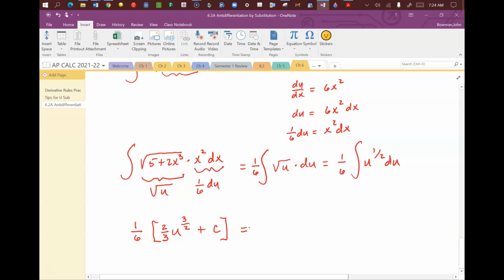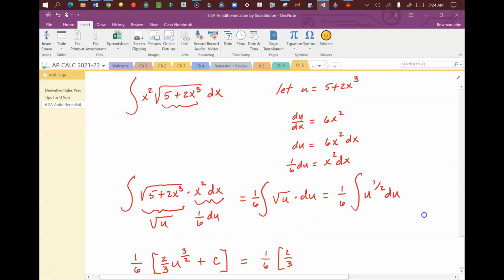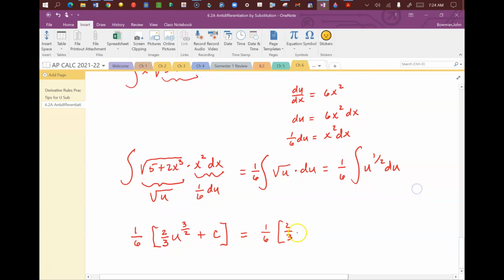So we should probably simplify this and get 1/6 times 2/3. u is equal to 5 plus 2x to the third, so 5 plus 2x to the third to the 3/2 power plus our constant c.